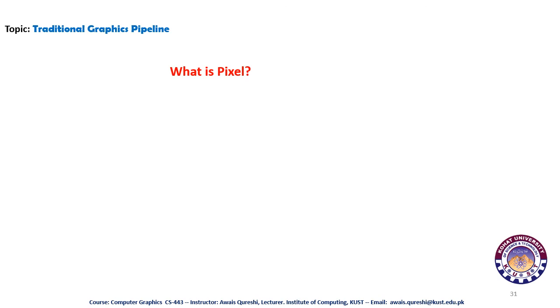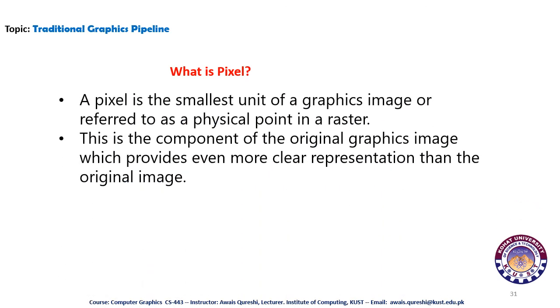What is a pixel? Pixel stands for picture element. A pixel is the smallest unit of a graphics image, or referred to as a physical point in the raster. This is the component of the original graphics image which provides an even clearer representation than the original image.